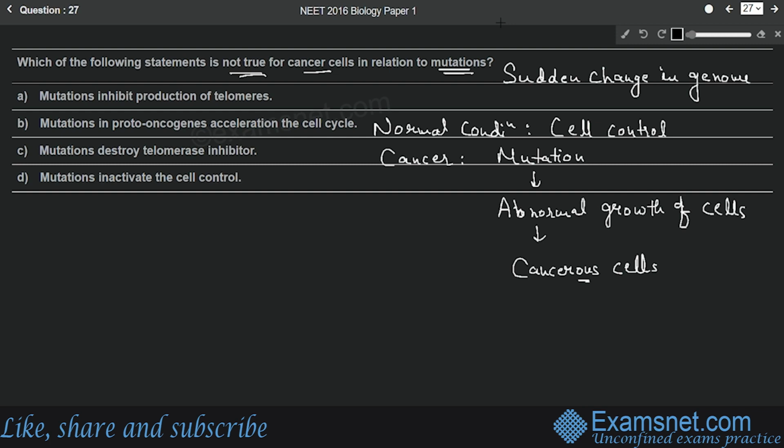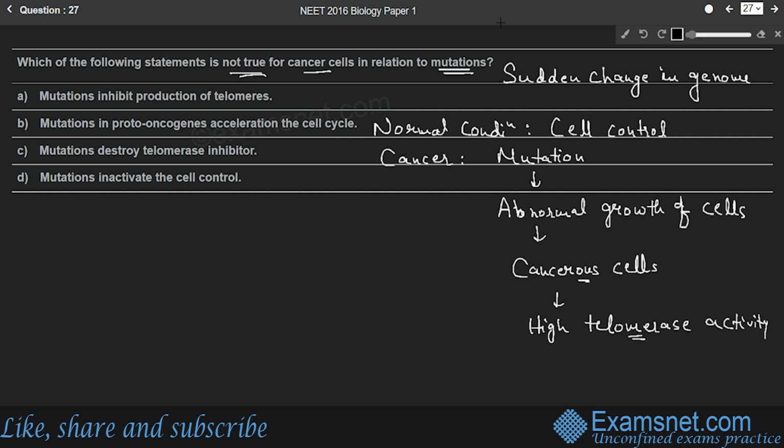Now, one more important thing about the cancerous cells is that they have high telomerase activity. Telomerase is the enzyme that helps to prevent the telomeres from shortening. Okay. Now let's come to the statements.